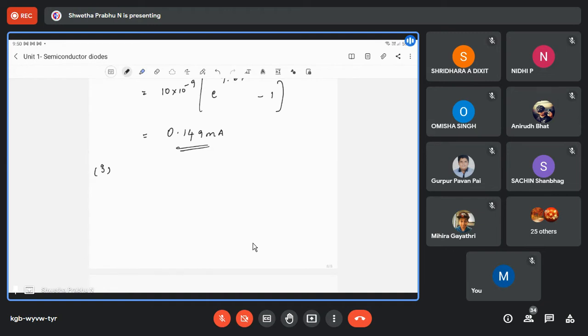A germanium diode draws 40 milliamperes with a forward bias of 0.25 volts.